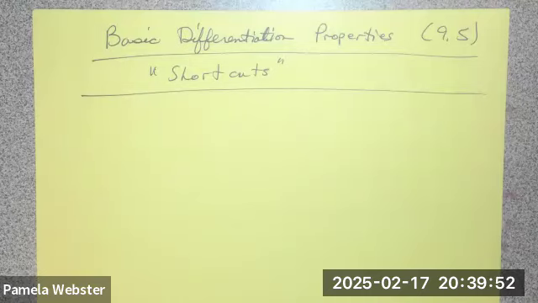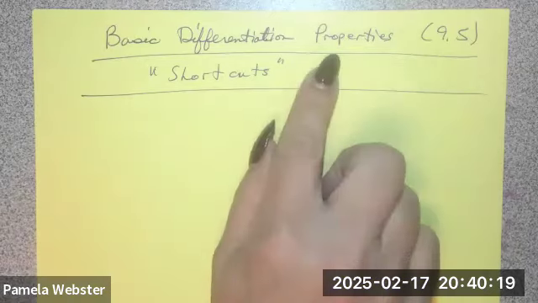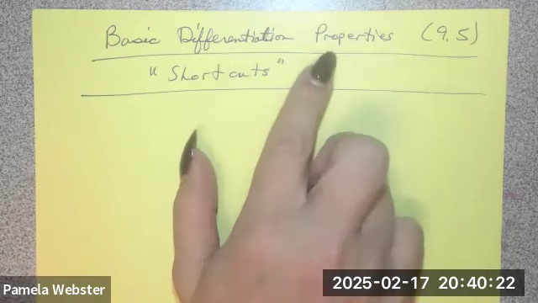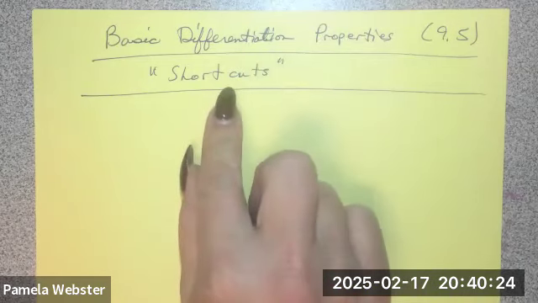Okay. But the truth of the matter is that most of the time, whenever mathematicians need to take a derivative, whenever your business professors need to take a derivative for some kind of maximizing this or minimizing that, they're probably not doing it by the definition. It just takes too long. And luckily for us, there are some basic properties that happen whenever we're looking at certain kinds of functions.